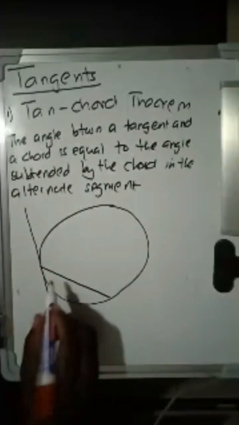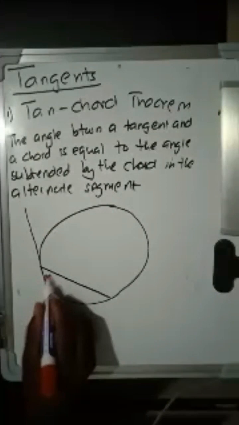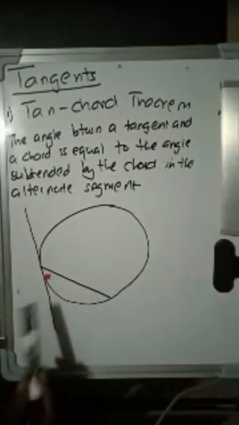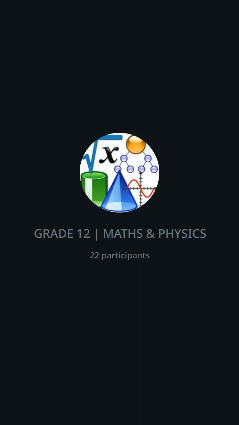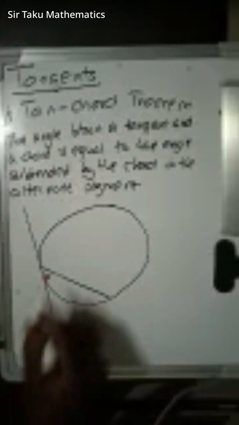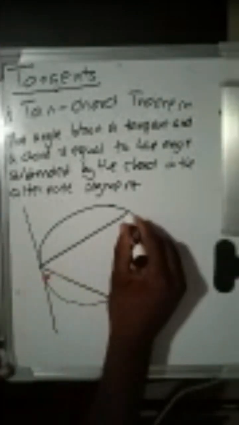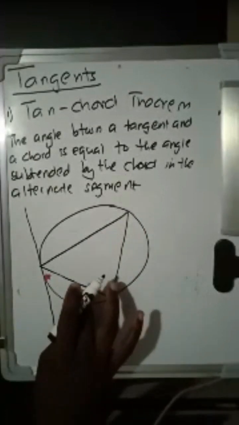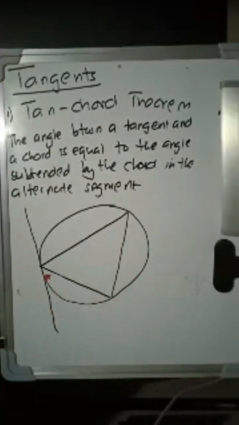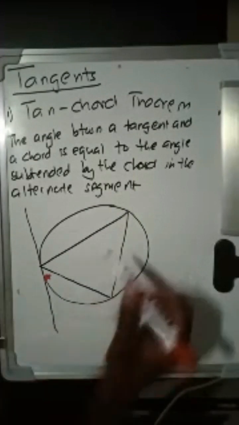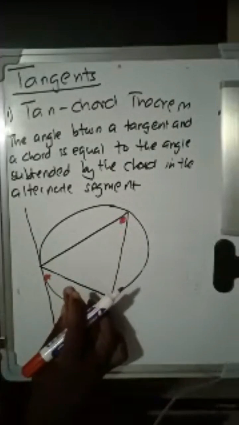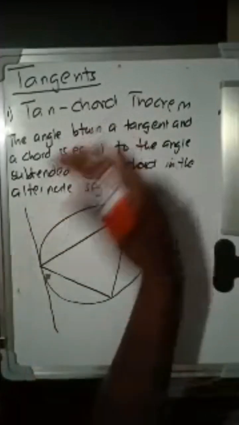So we have an angle that is formed here. That angle formed between a tangent and a chord is equal to the angle that is supported by that chord in the other segment. This is the minor segment, then this is the major segment.